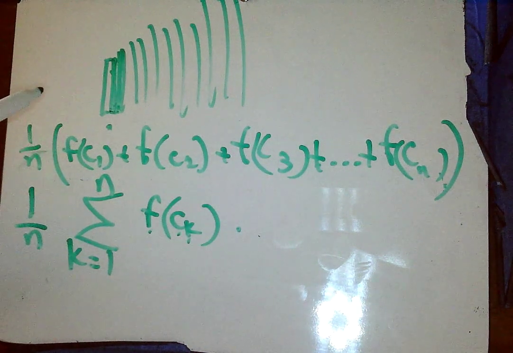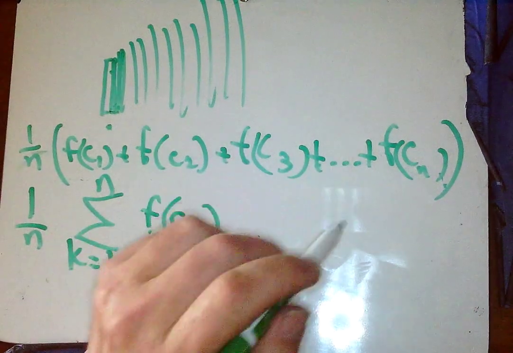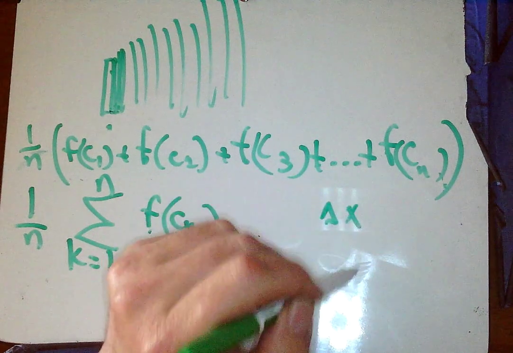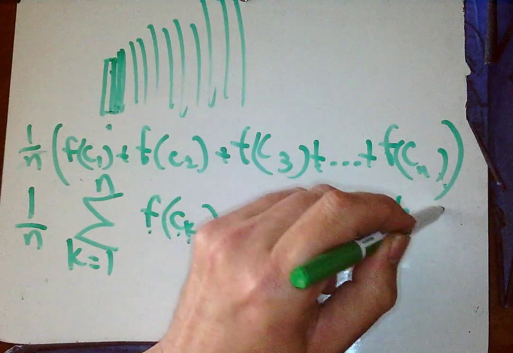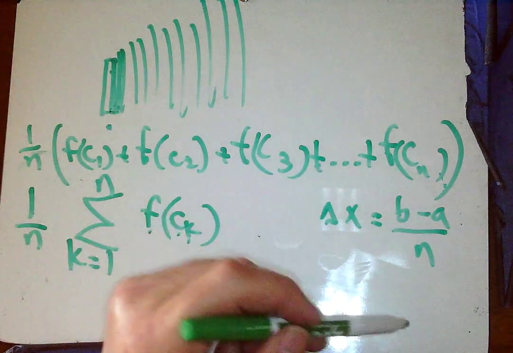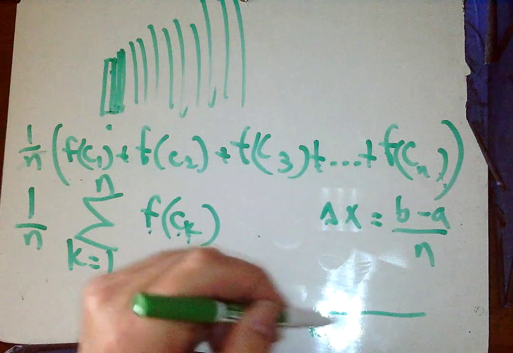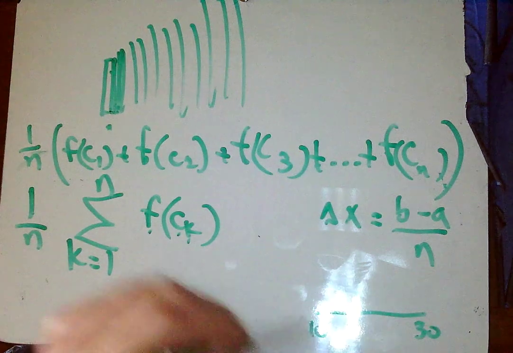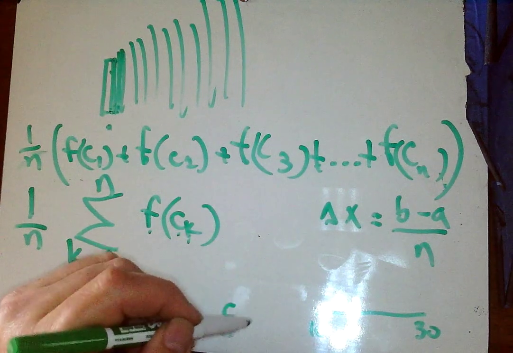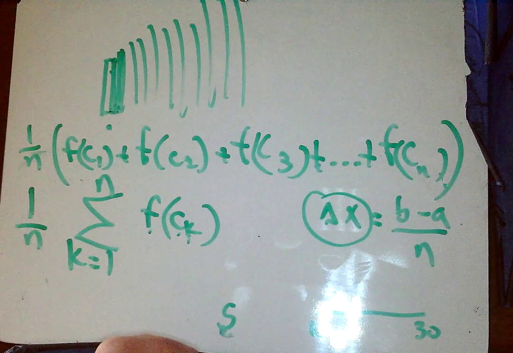Well, I kind of actually want to say, remember when we were doing RAM, we said that the subinterval width was b minus a over n, right? So if we were trying to say, hey, I want to go from 10 to 30 with 5 subintervals, how big would that subinterval width be?